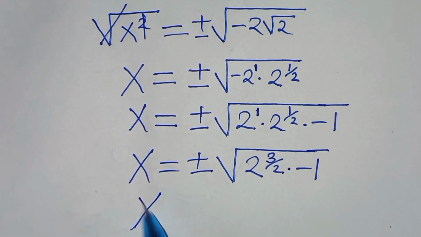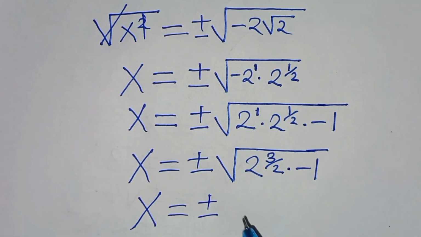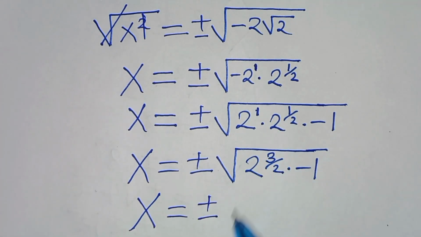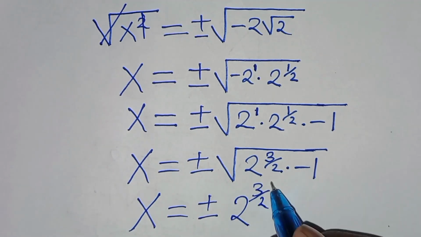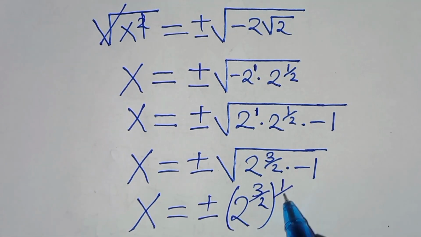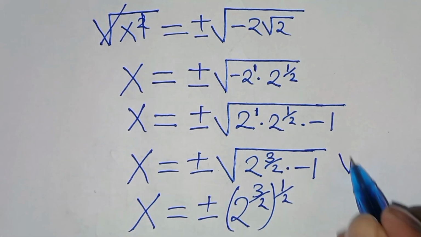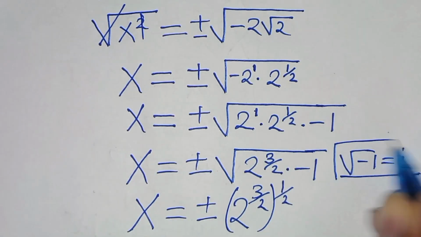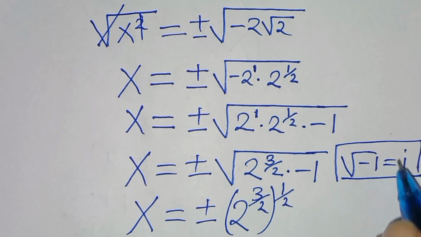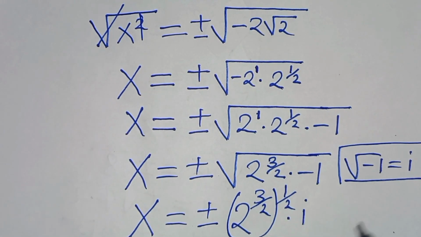So this implies that x is equal to plus or minus, we can express this as 2 raised to the power 3 over 2 raised to the power half, then times the square root of minus 1. The square root of minus 1 is equal to i. So times i.